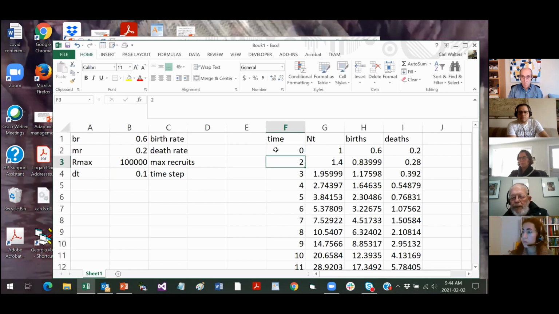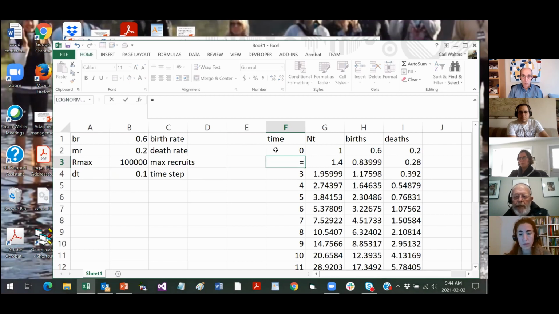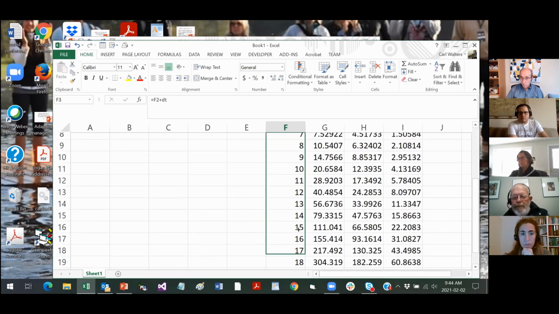And then for the next time, I'm going to make the next time equal to the time before plus the time step. Oops, I forgot to name this. Okay. Now I'm going to drag this down to predict for longer times.